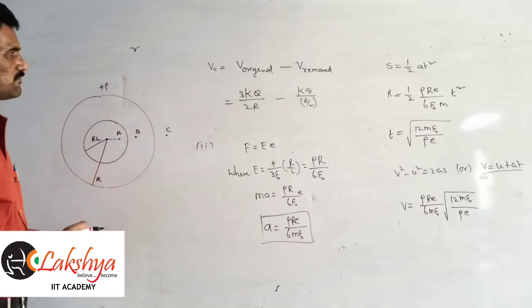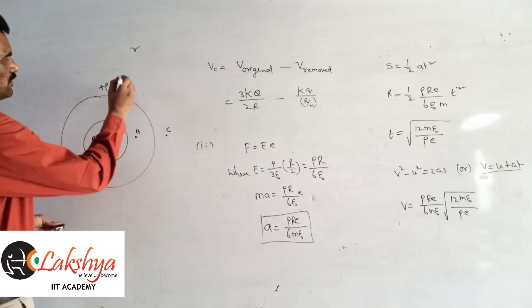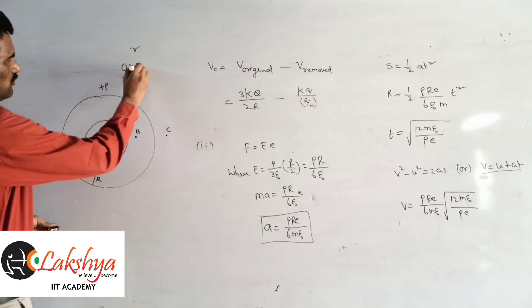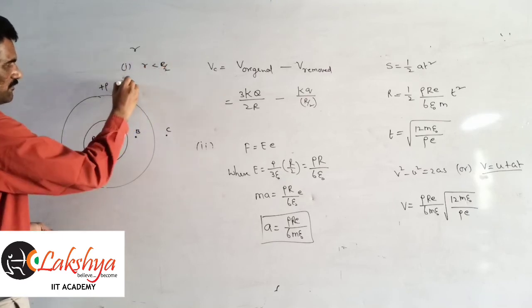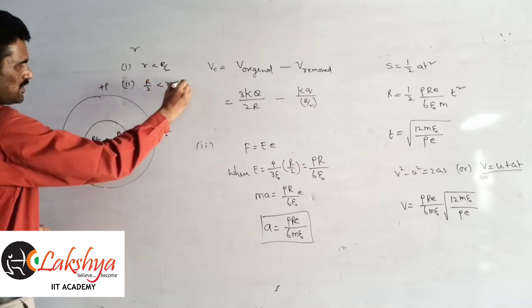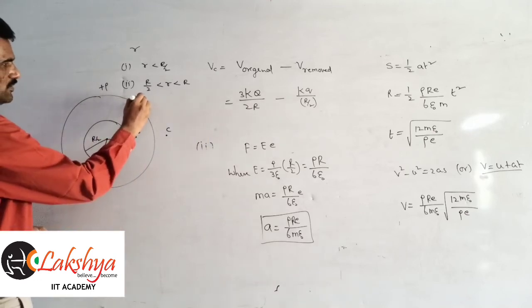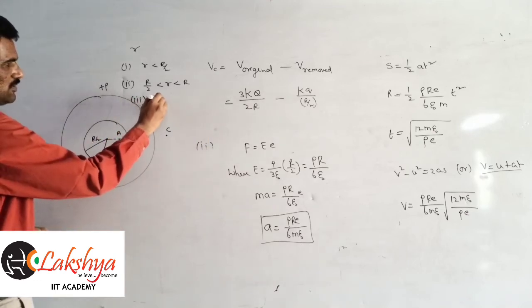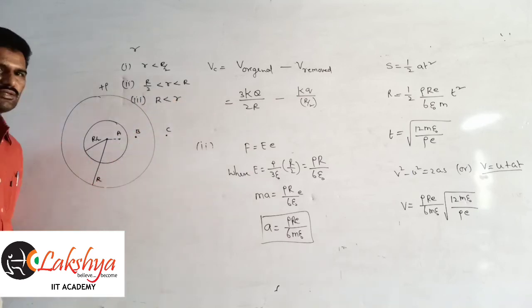Find intensity of electric field at a distance r from the center when r is less than R by 2, that means point A, and R by 2 less than r less than capital R, that means point B, and the third one is when capital R is less than r, that means outside.